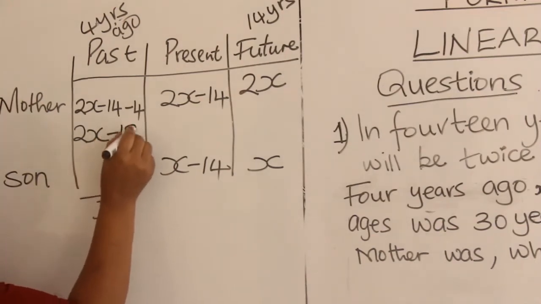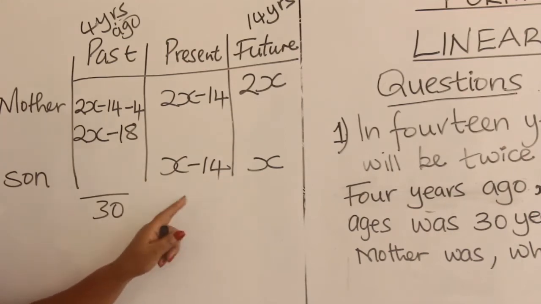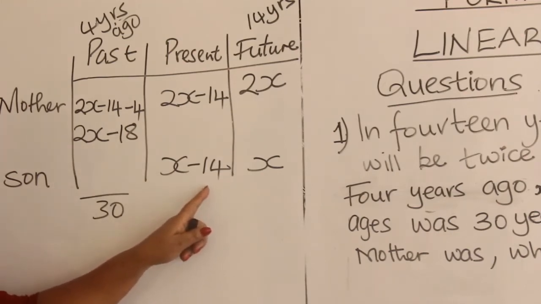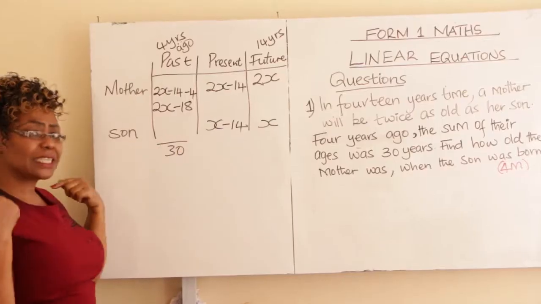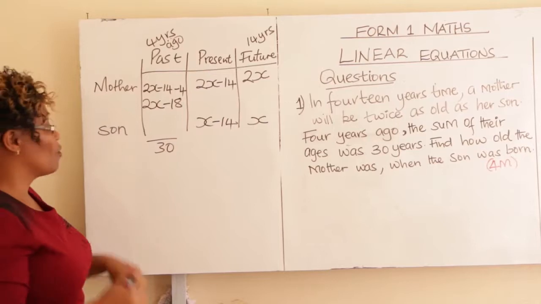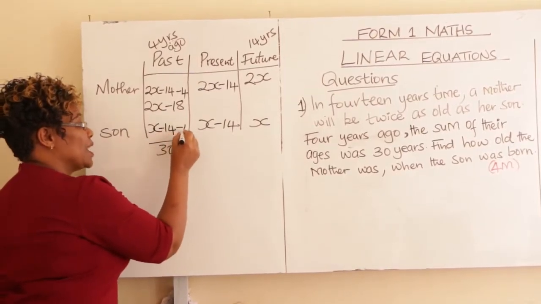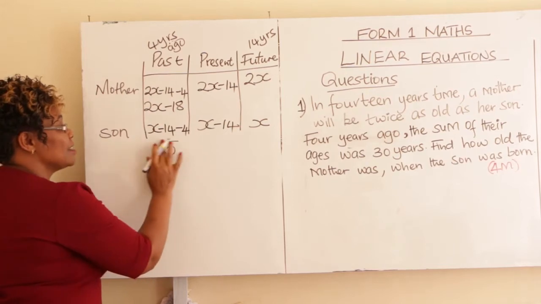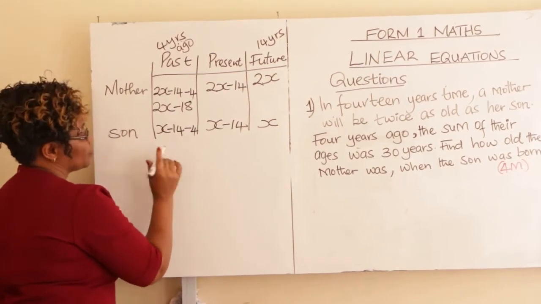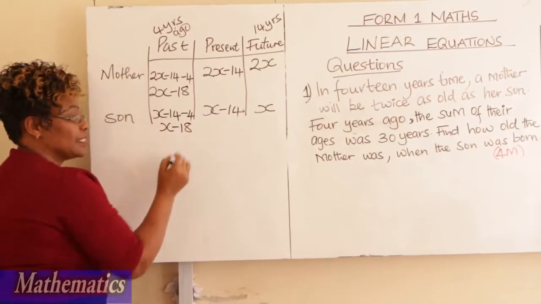So you write there 2X minus 18. We go to the son. Today the son is X minus 14 years. So 4 years ago, the son was X minus 14 minus 4, which gives X minus 18.